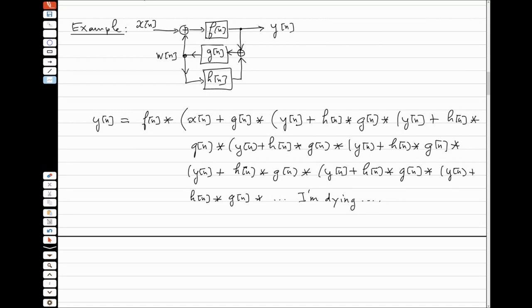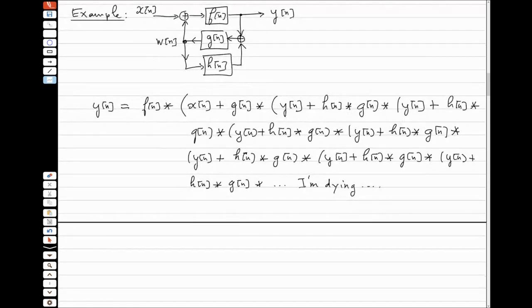It's unknown, but we can always inject some unknown variable provided that we find some extra equation. That means instead of just writing one equation to find y of n in terms of x of n, maybe we can find two equations involving y of n, x of n, and w of n, and then we can try to eliminate w of n.